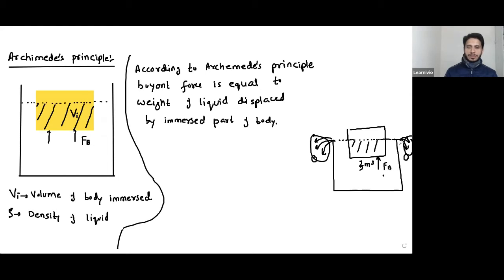That weight of the displaced liquid is exactly equal to the buoyant force. This is basically Archimedes principle: buoyant force is equal to the weight of liquid displaced by the immersed part of the body. You don't have to worry about the total volume of the body, you just worry about the immersed volume of the body.